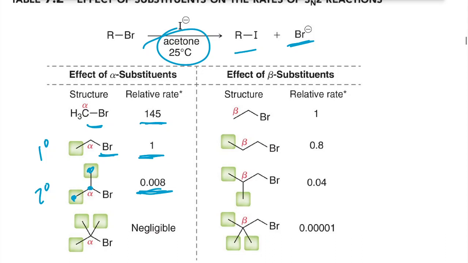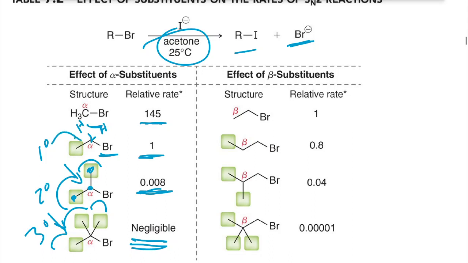Then for the tertiary, the t-butyl bromide, it is negligible. There's not going to be really any reaction for the tertiary. No reaction because the nucleophile can't get in here. It's trying to hit the back side. It can't get in. For secondary, there's still a lot of steric hindrance. But for the ethyl, we've only got these 2 hydrogens here. They don't take up a lot of space. We can get a good reaction.